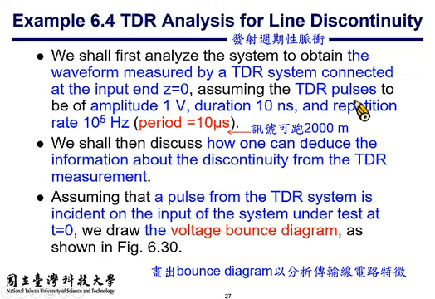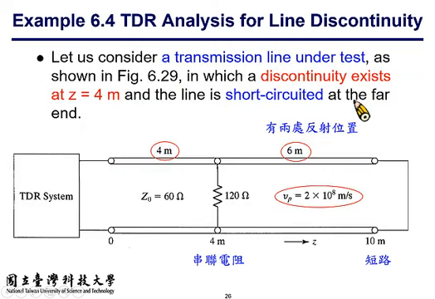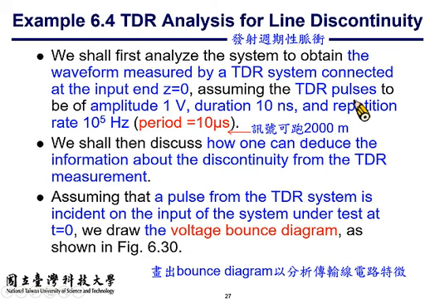Okay, so let's begin our analysis about this problem. So supposing the duration of the impulse is 10 nanoseconds, and the repetition frequency, that is the frequency of the impulse, is 10 to the fifth hertz, which means the period is 10 microseconds.